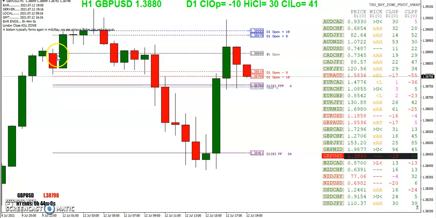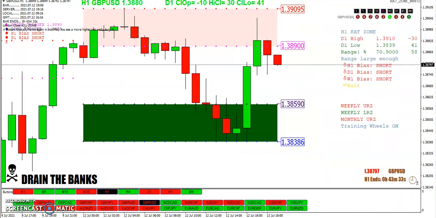And why do we draw the line here? Because that's where it opened. And why do we put the lines here? Because statistically, based on the frequency distribution of the wicks, in other words, high minus the close, or in this case, high minus the open and open minus the low. We don't have it displayed here, but on some of the other charts I do. In fact, I think I put it up on another chart here.